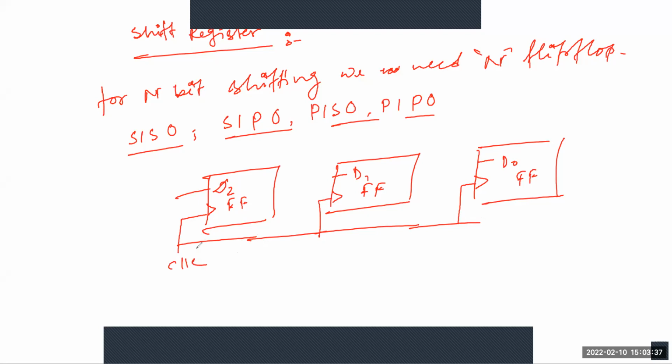This is the clock, this is the serial input, and this is the serial output.